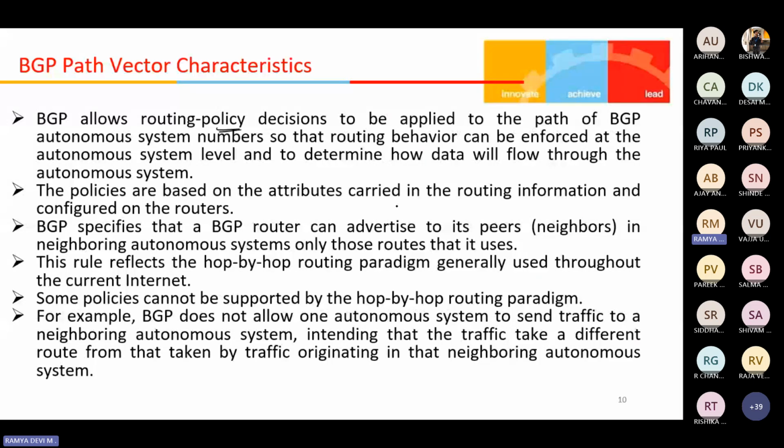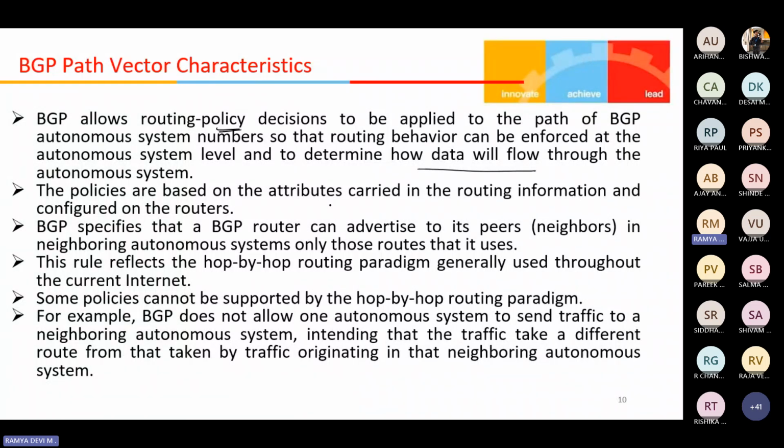These policies help control how the traffic, which are the packets entering, which are leaving, and which are passing through an autonomous system, will flow. Say for example, an ISP has configured a policy to prefer a certain path for outgoing traffic, or to avoid certain autonomous systems for security or performance reasons.